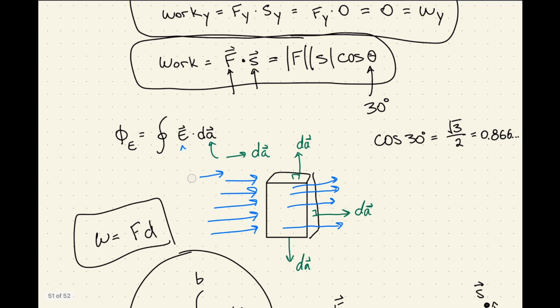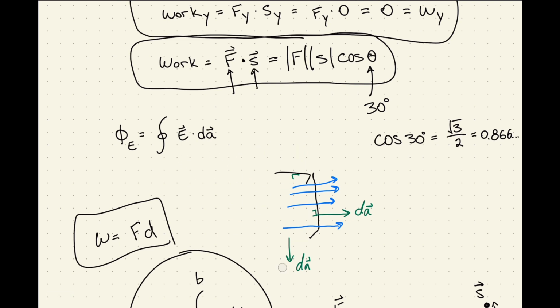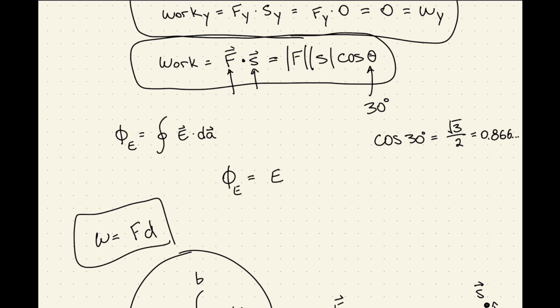If you remember Gauss's law when it was first introduced, let me erase this whole picture. Gauss's law was literally introduced as the quantity electric flux being equal to the magnitude of the electric field going through some area. Flux is equal to E times A. And then again, you do the same kind of breakdown that I showed you here. You have a dot product, you decompose this A into a small differential quantity dA.